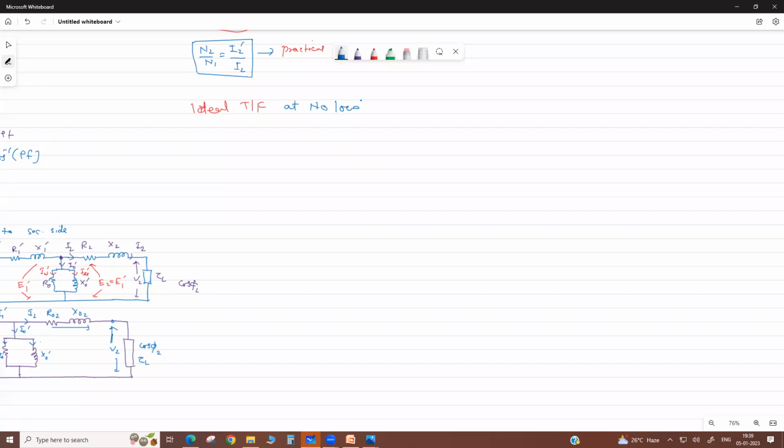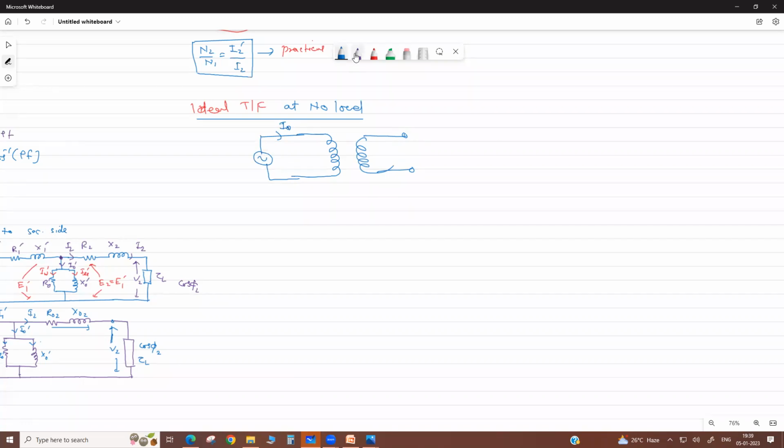Suppose first we draw at no load. There is a primary and secondary, secondary at no load means no load here. But here we connect the alternating source. A current flows at no load, it is I0, the no load current.